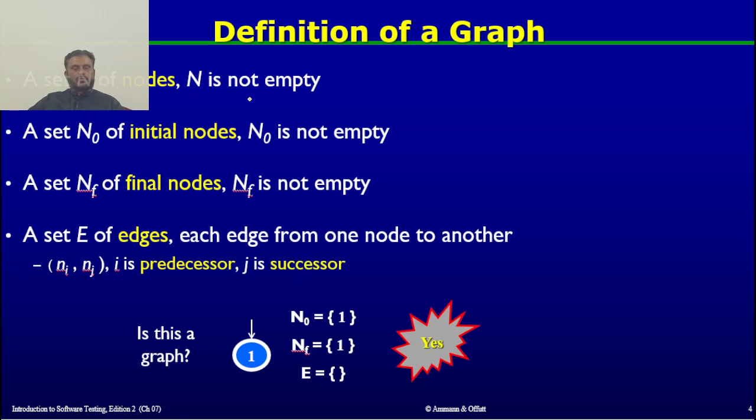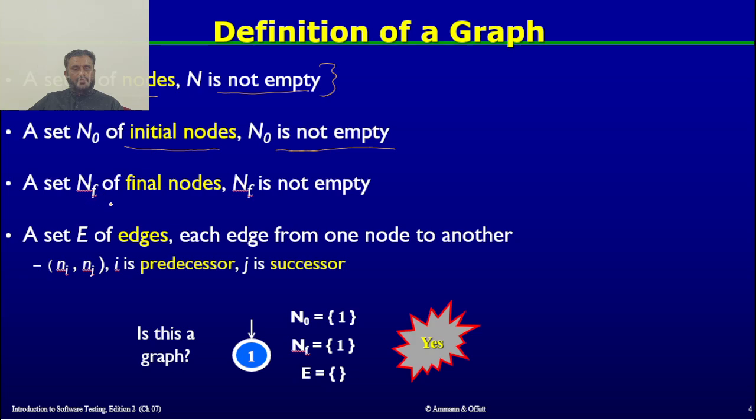So let's go quickly through the definition of a graph. A graph consists of a set of nodes, and one restriction is that the set of nodes cannot be empty. In the same way, the graph must have a set of initial nodes, which again must not be empty.